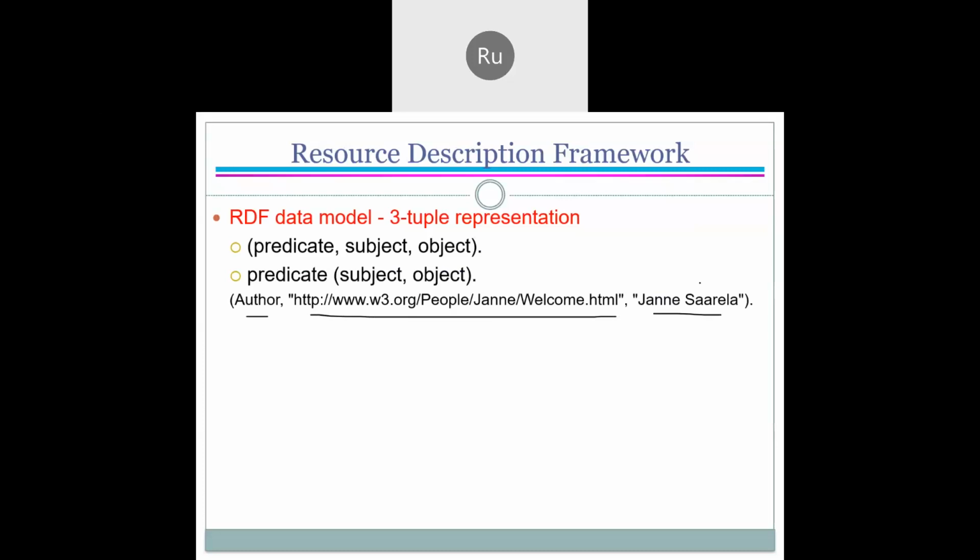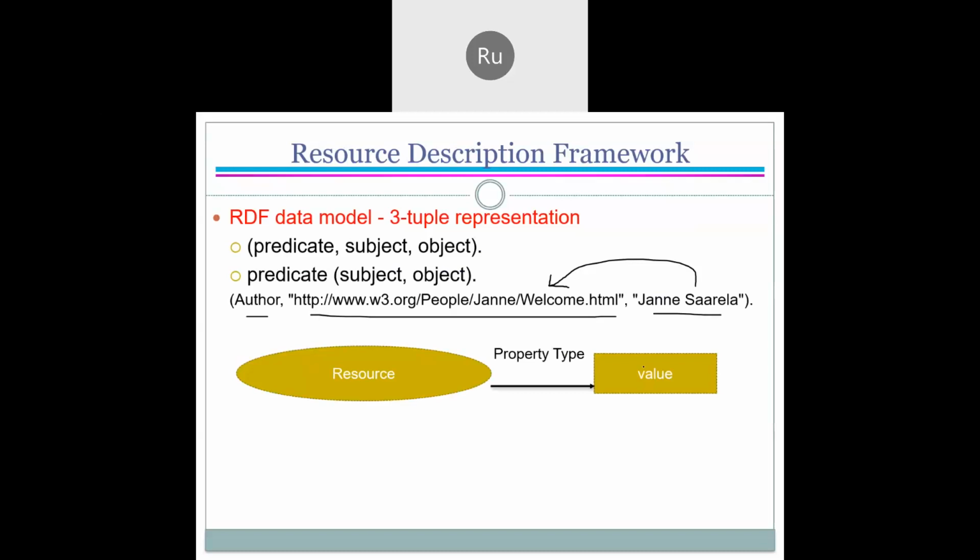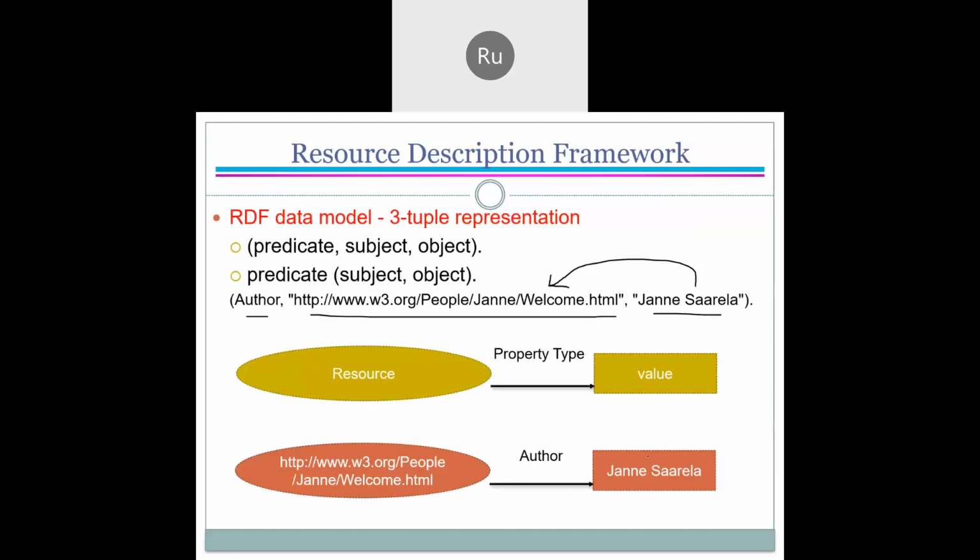That means this is the author of this subject. So that's how we interpret the RDF. They give you a three tuple representation. So this is like the role, this is the subject, and this is the object.